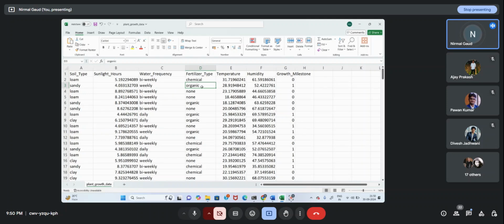What you are providing to the plant can be chemicals, nitrogen, phosphorus, and potassium, etc. Organic components can also be there. So chemical components, organic components, and some don't require anything. None, you are not providing any fertilizer to them.